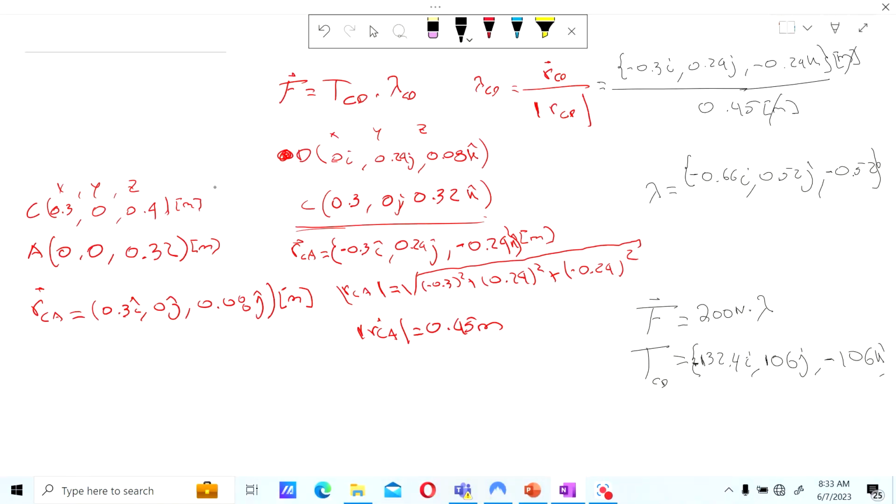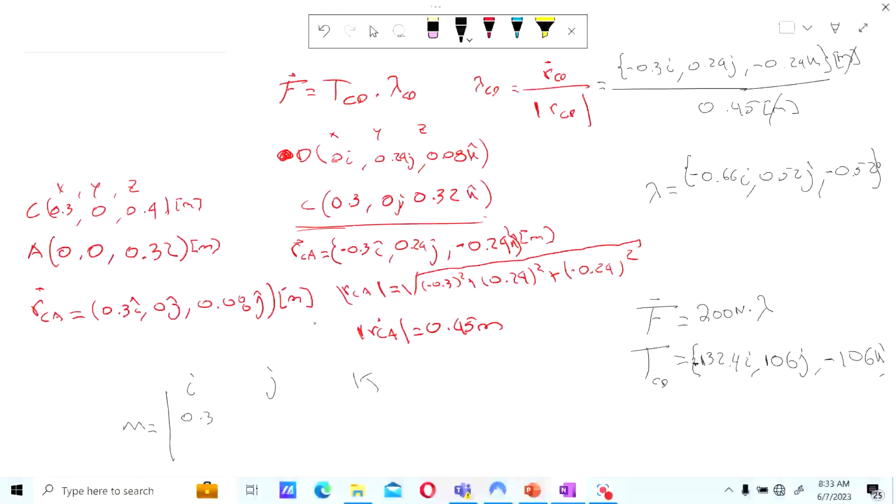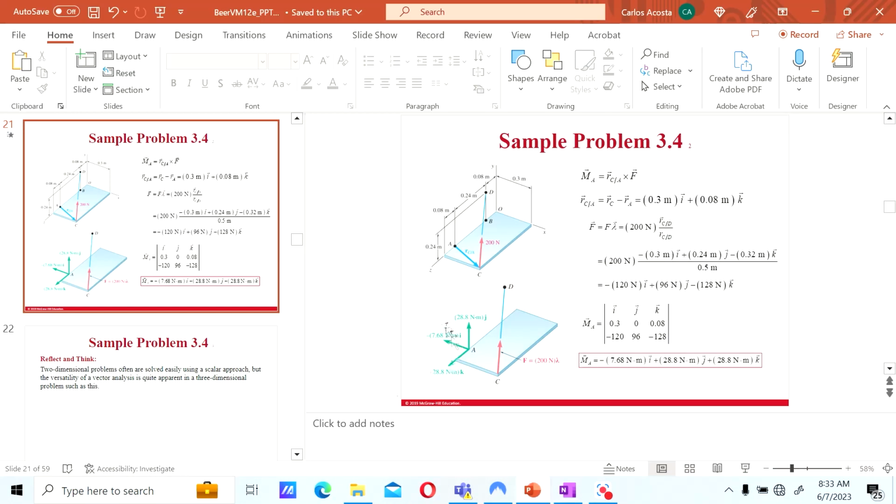Lastly, what we have to do is the moment, which is I, J, K of the vector RCA, which is 0.3, 0, and 0.08, which is this vector right here from A to C. No, I'm sorry, the vector is not the vector CA, it's the vector CA, yeah.